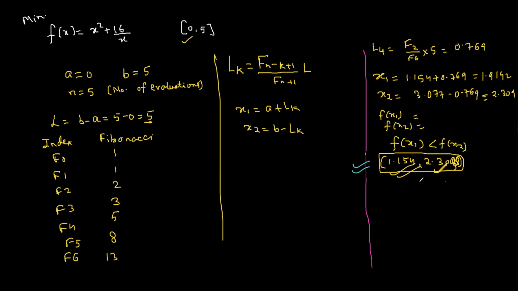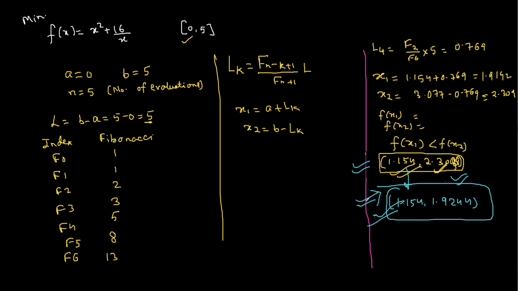Now tell me the next interval by using the fourth iteration. 1.15 to 2.9 to 4. Okay, doesn't matter. So the first is repeated and you did this fifth iteration. Okay. You can stop here because in the question it was mentioned up to 3 iterations.